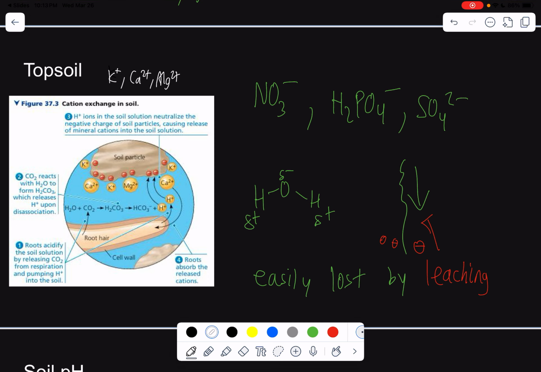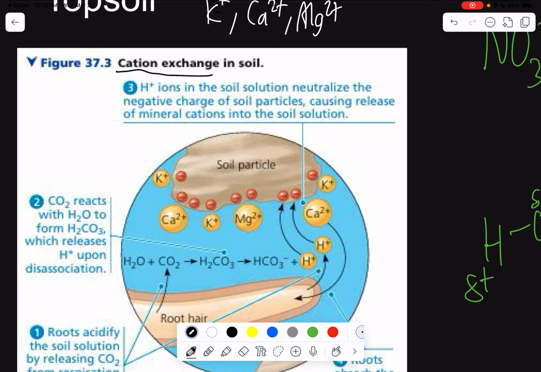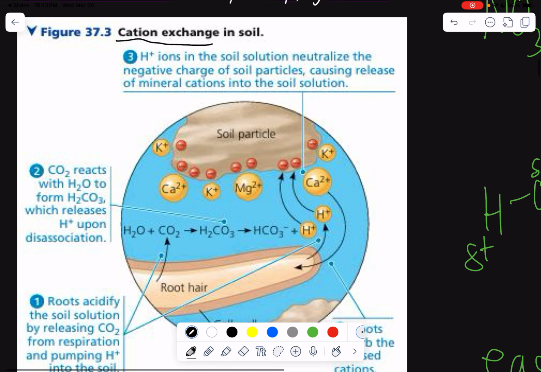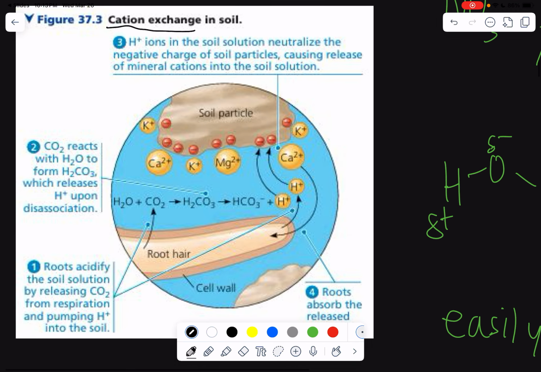Mineral cations enter the soil solution by cation exchange, which is the process in Figure 37.3 from Chapter 37 of Campbell Biology, 11th edition. Cation exchange is a process in which cations are displaced from soil particles by other cations, like the hydrogen cation.